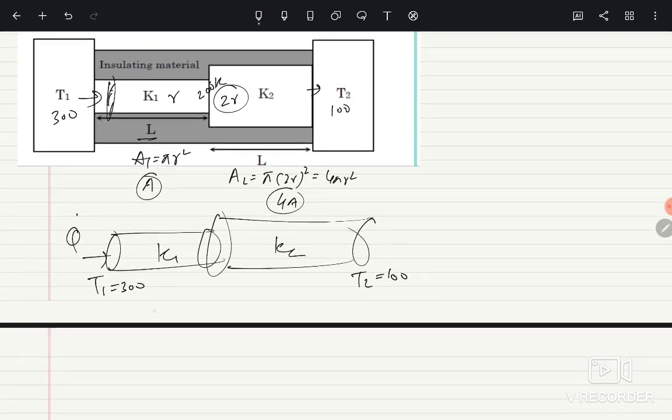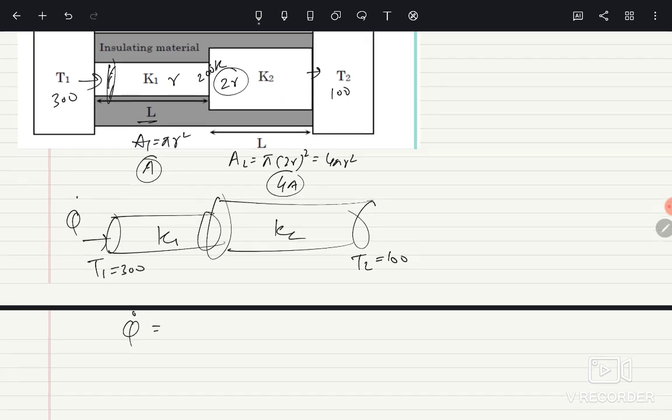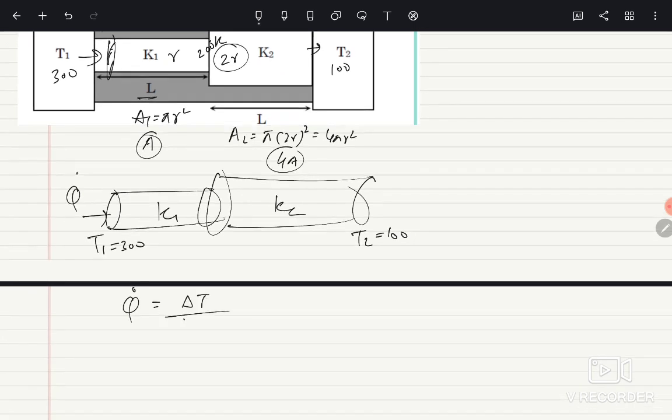The rate of heat flow will be calculated as the temperature difference upon the thermal resistance offered by the material. Here K1 will offer thermal resistance R1 and K2 will offer thermal resistance R2. They are in series, so to get the equivalent thermal resistance we do R1 plus R2, because the heat flows first through the K1 material, then through the K2 material.